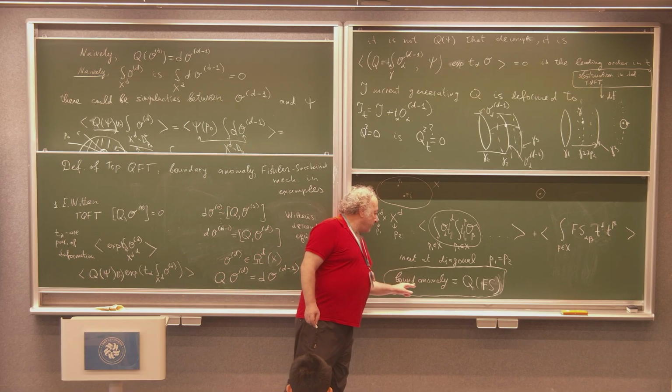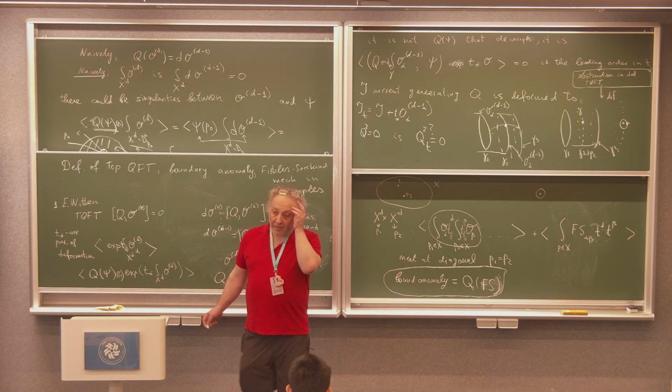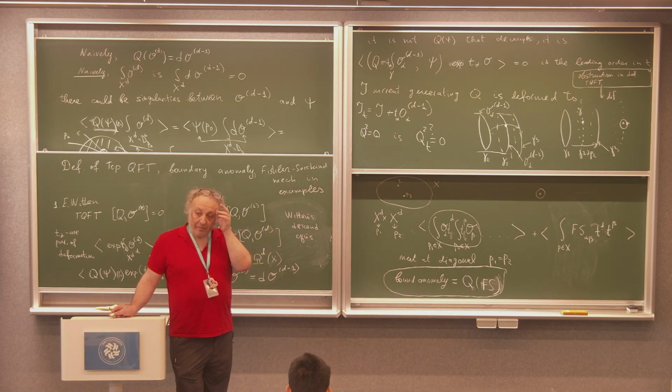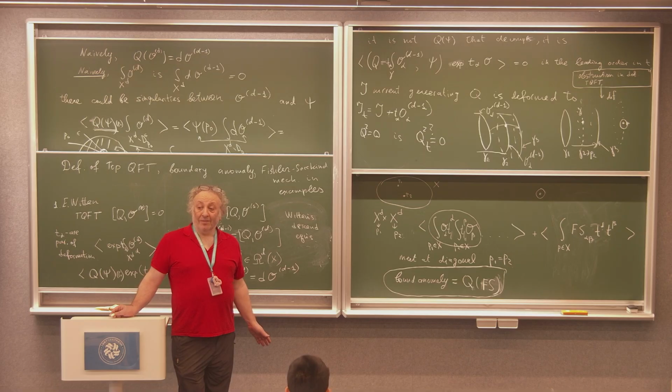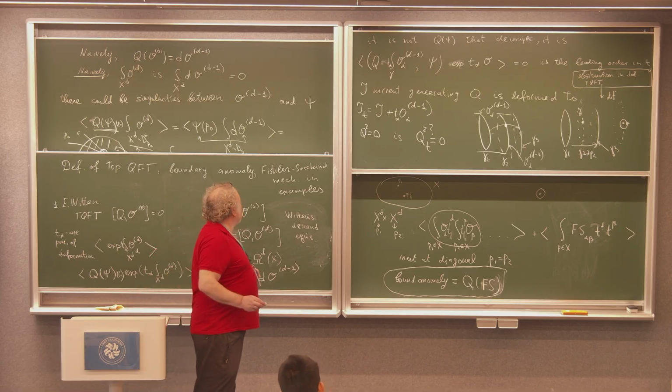By the way, how to check that the boundary anomaly is actually Q closed? Okay, it's possible.